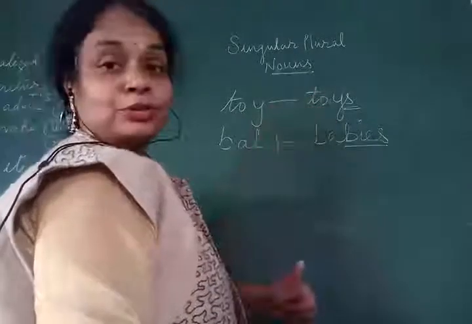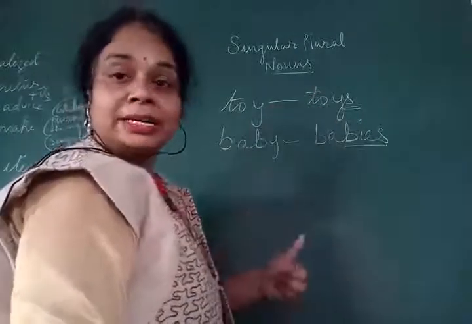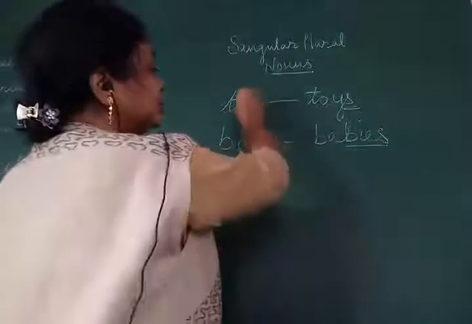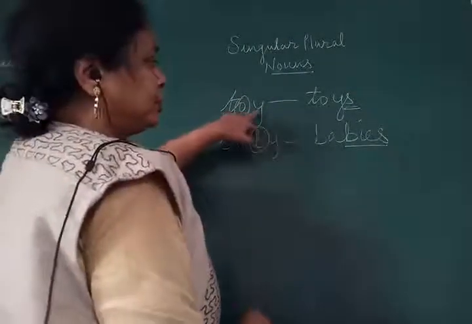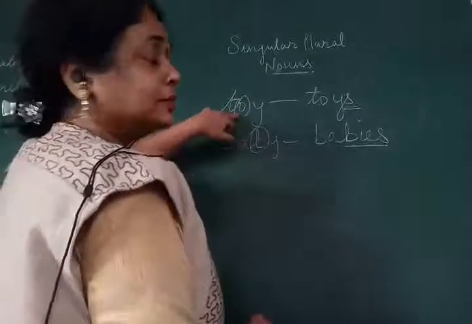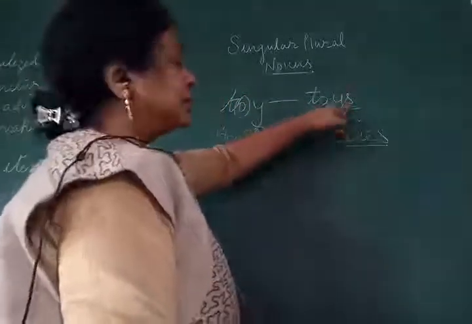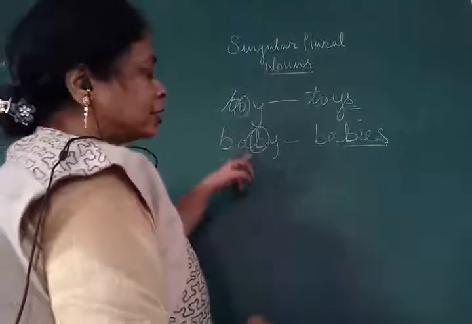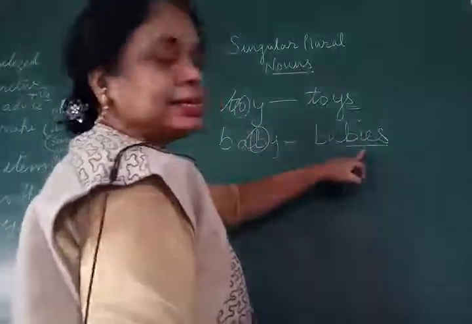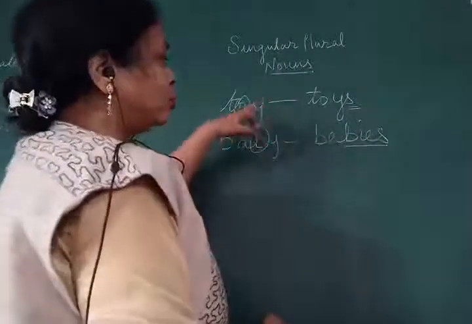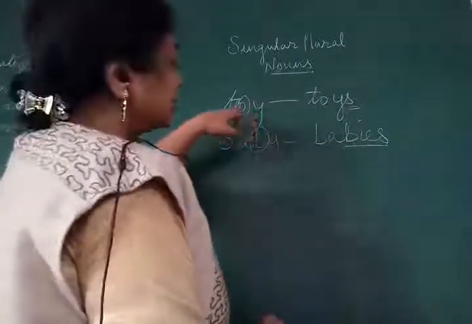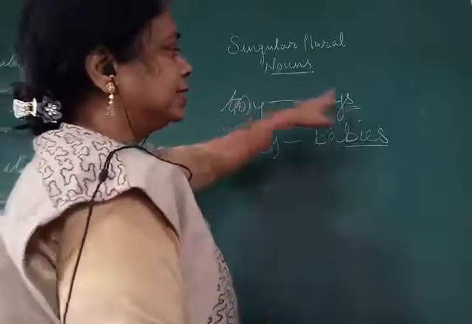So what you need to understand, what you need to pay attention to is this word before y. If before y you find a vowel, then s is added. If before y you find a consonant, then ies is added. Okay? If before y vowel is present, add s.